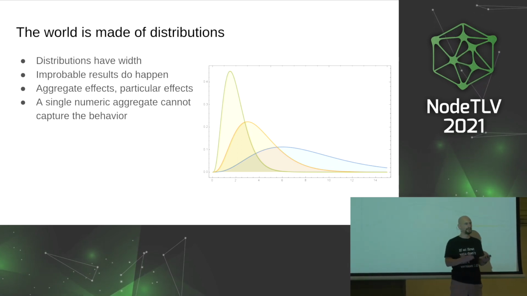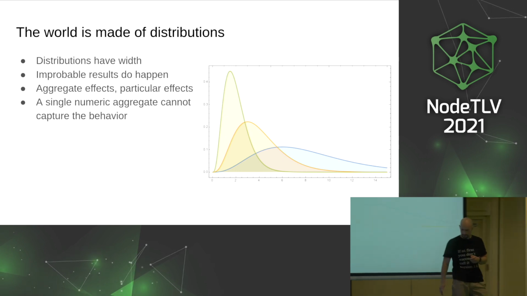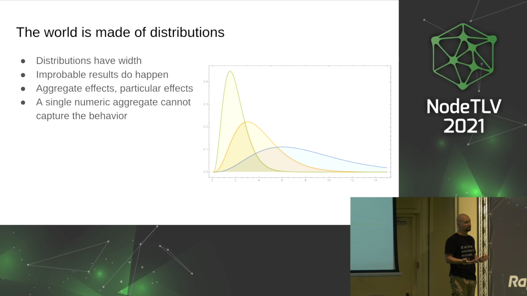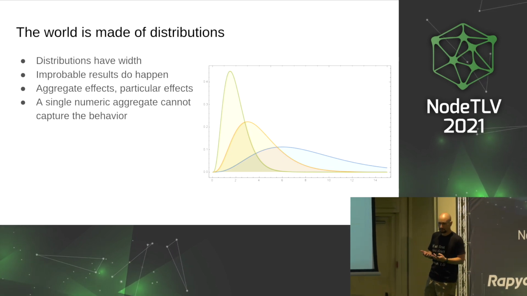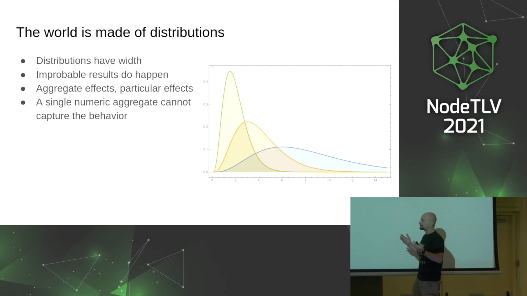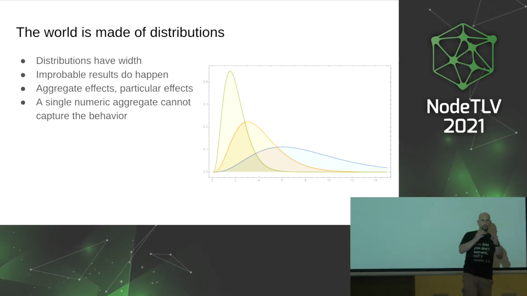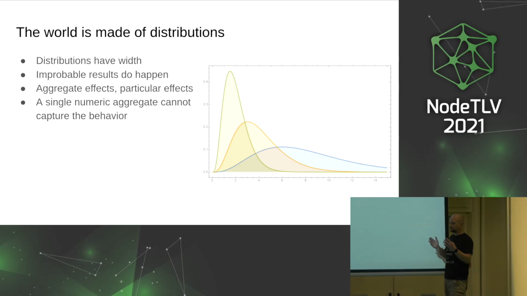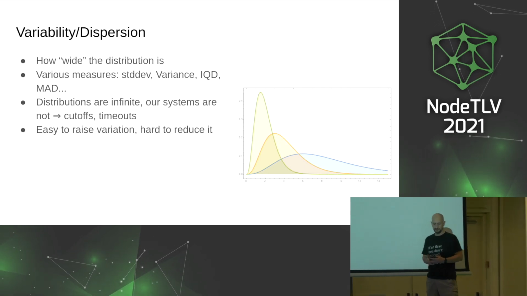Of course, every distribution has some width, and there's no one number that can capture the shape or the width of the distribution. We need several aggregates in order to understand the shape or behavior of a distribution. That's very important. A lot of times we talk about stuff like mean or average, and that's, in many cases, bullshit. Why is it bullshit?